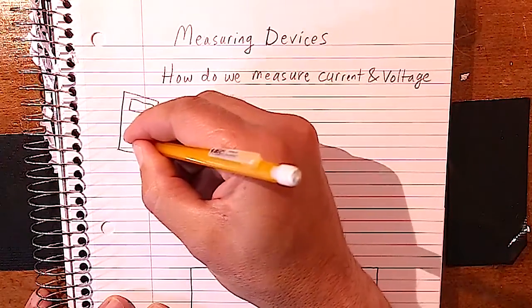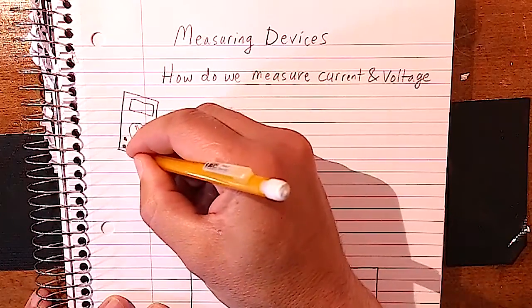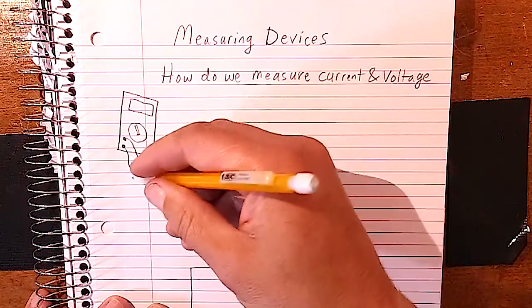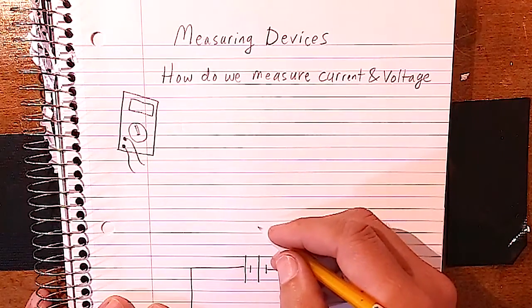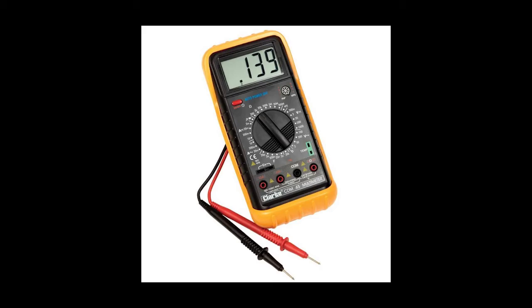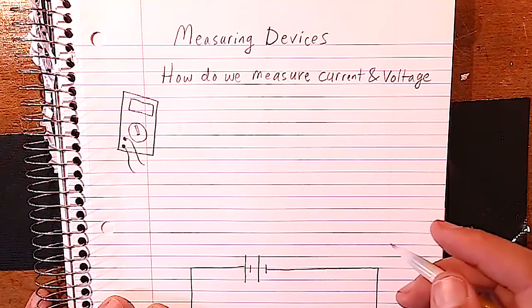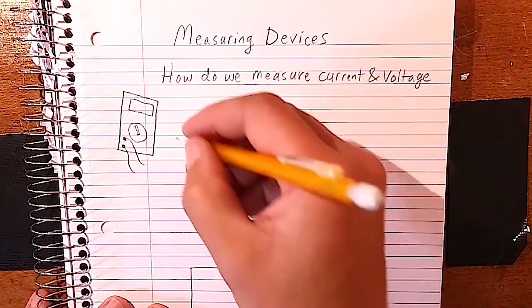And then there are 2 lead points that you can connect wires to, and then take those wires and put them into the circuit. But there's different ways we have to wire them to make sure they work correctly.